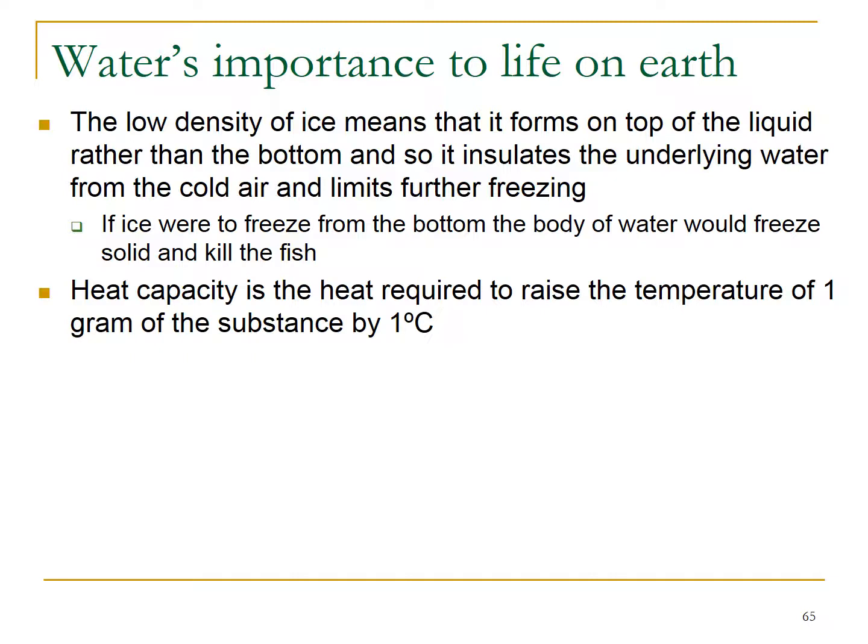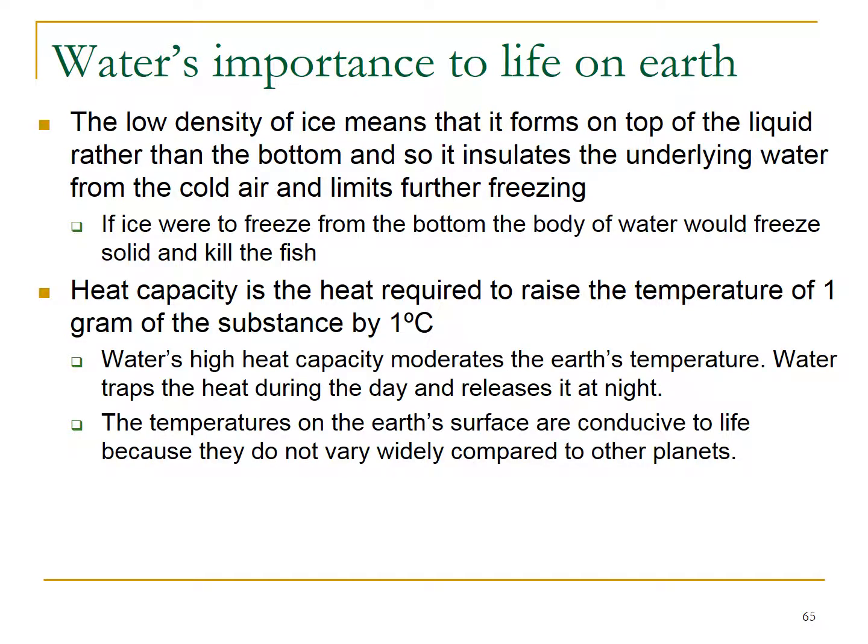Now, heat capacity is defined as the amount of heat required to raise the temperature of 1 gram of a substance by 1 degree. And it turns out that water has a very high heat capacity, which keeps Earth's temperature moderate. It takes a lot of energy to increase the water by 1 degree, so if you're near the ocean, it moderates the temperatures a little more because of the huge bodies of water.